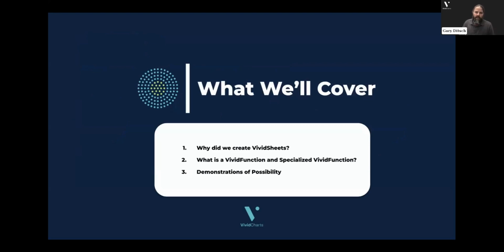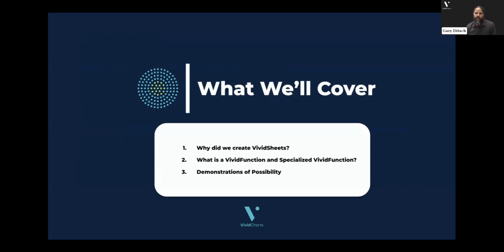Now, here are a few things that we're going to cover. First of all, if you're not familiar with VividSheets, I'm just going to do a brief introduction to what VividSheets is and why we created VividSheets almost a year ago, when we were building it and getting ready to release it. Then we're going to go into VividFunctions. It's a feature of VividSheets.